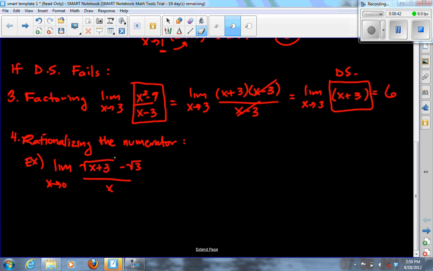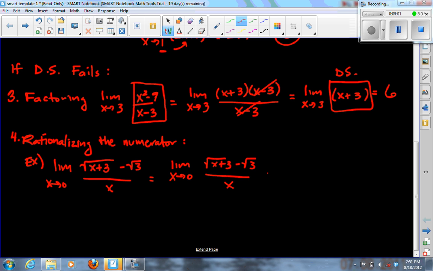Now, what you're going to do is multiply the top and the bottom by the conjugate. All we're going to do is say that this expression is equivalent to one where I multiply the top and the bottom by 1. So this was my original, and if I multiply the top and the bottom by 1, nothing will change. So let me show you how to multiply by 1.